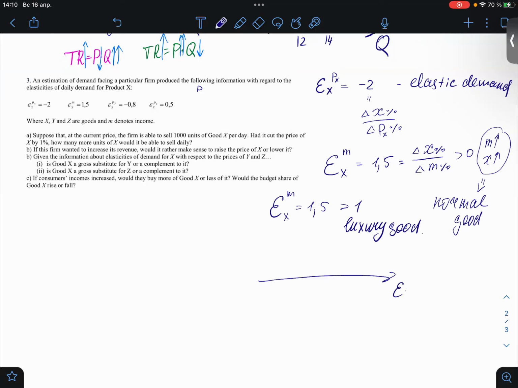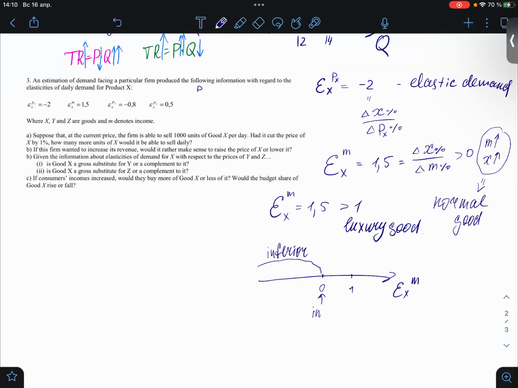Here, elasticity of good X by the change in the monetary income, here 0, here 1, and something like that. So if elasticity is less than 0, we call such a good inferior. If elasticity of demand by monetary income equals 0, it is an independent good.